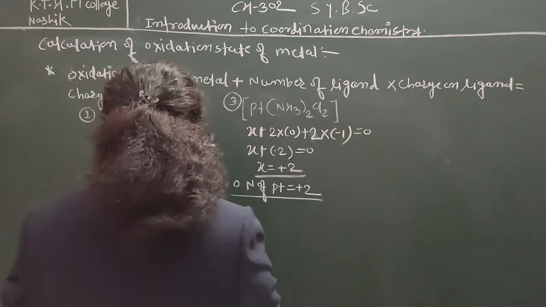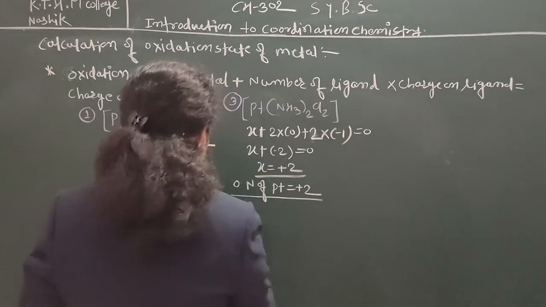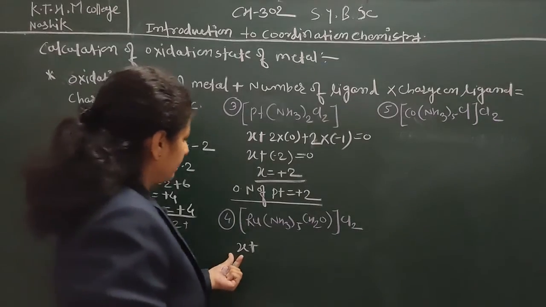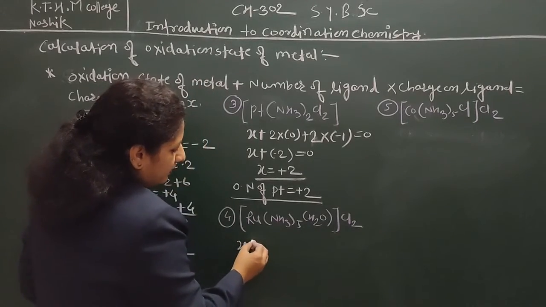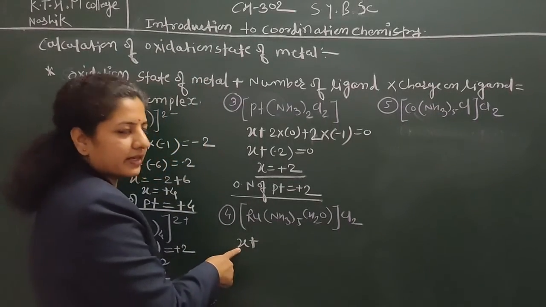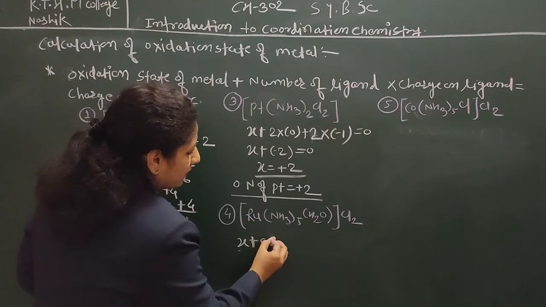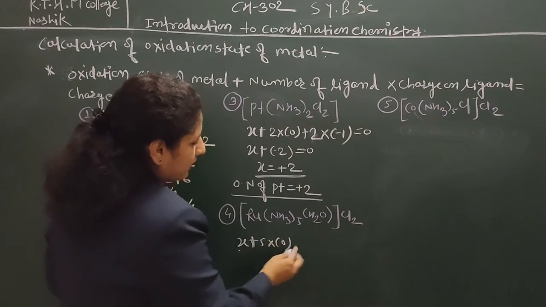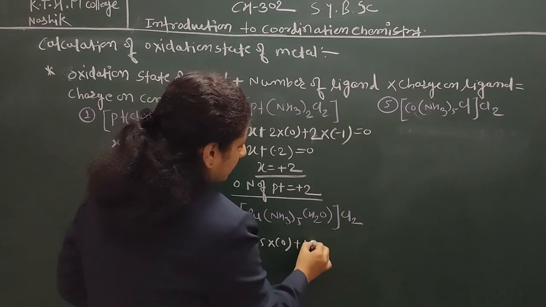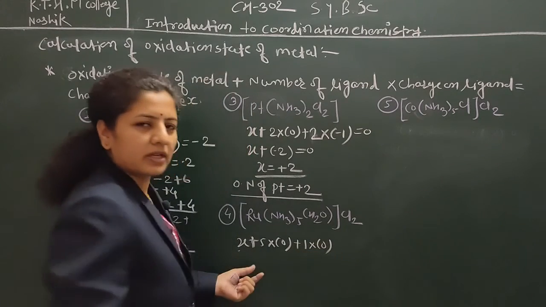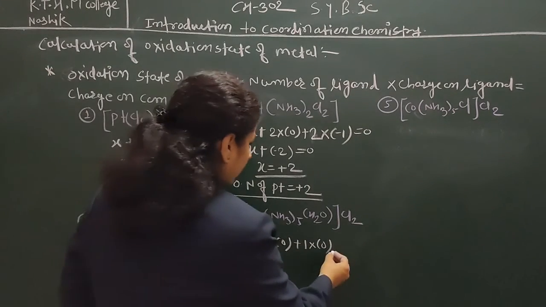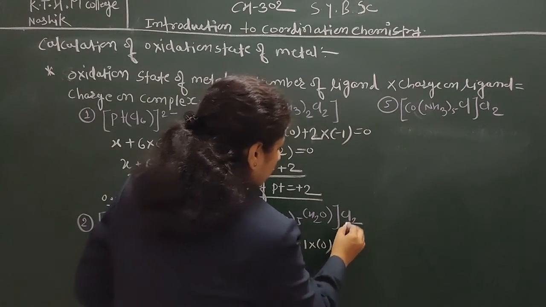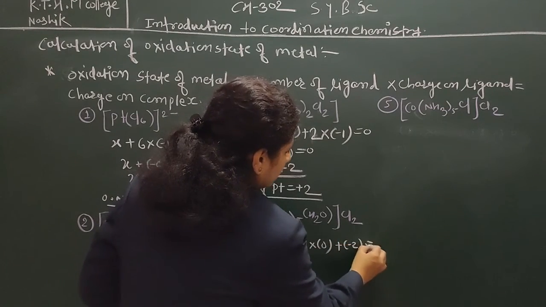Now let's discuss the next example, the ruthenium complex. Let's discuss the oxidation state of ruthenium. We take X plus the number of ammonia molecules, which is 5, so 5 into 0, plus 1 into 0, as water is again a neutral ligand, and the charge on the chlorine, that is minus 2, is equal to 0.